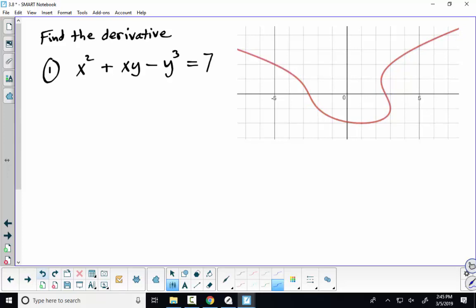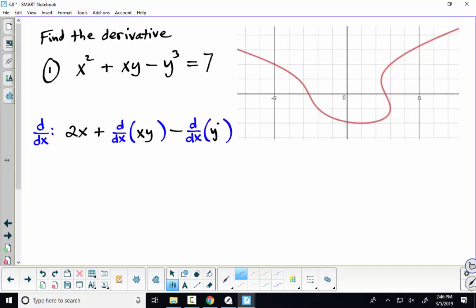So we're just going to take the derivative of the equation. The derivative of x squared is 2x, plus the derivative of xy, minus the derivative of y cubed, equals the derivative of 7, which is 0.